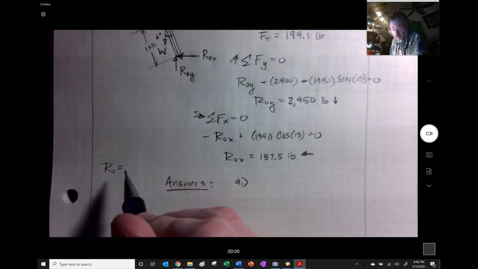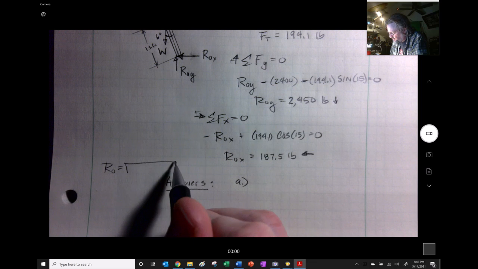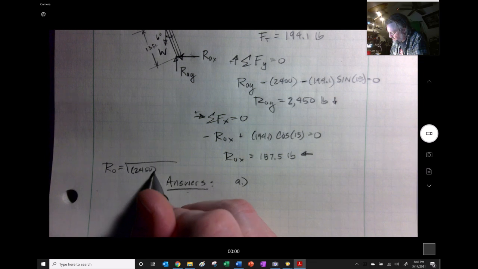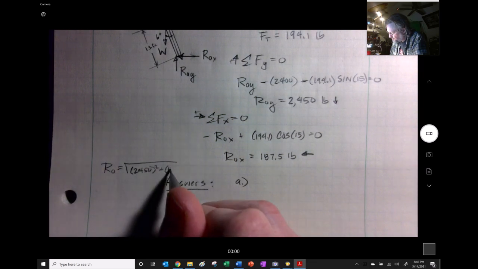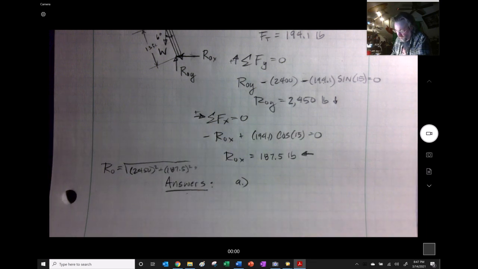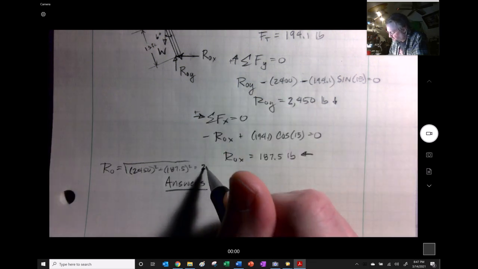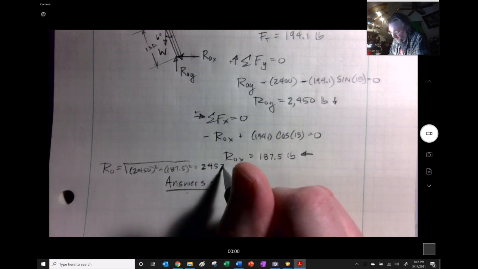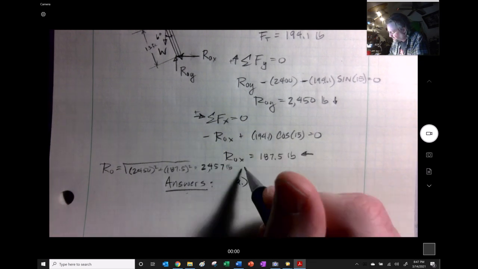I'll say that the RO is the square root of 2450 squared plus 187.5 squared, right? Square root. So it doesn't change all that much from the vertical one. 2,457 pounds.